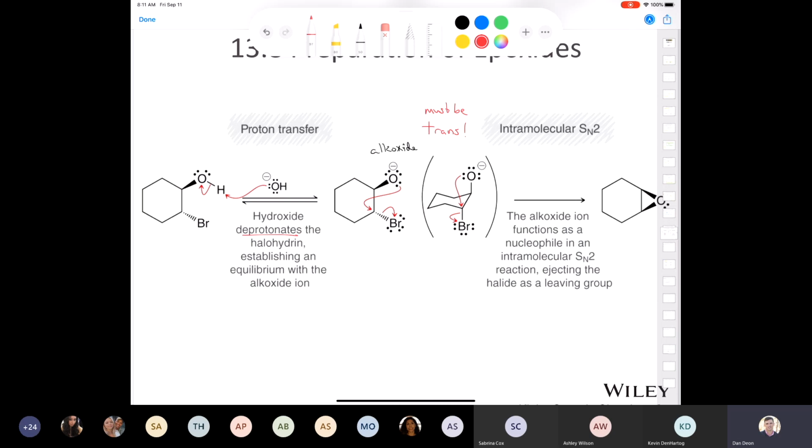Why is that? Does anybody remember the term for when the oxygen is up like this and the leaving group is down like this? We did look at this earlier on with respect to elimination reactions. Can anybody remember what the name of this orientation is, when the oxygen is pointing up and the bromine is pointing down like that?